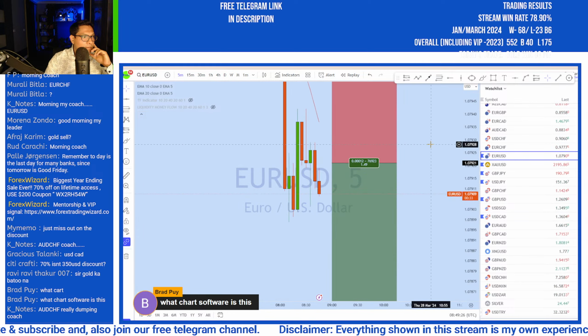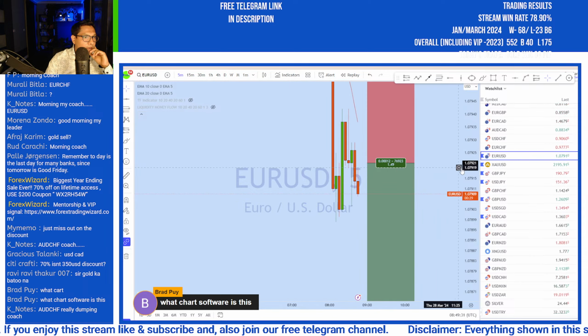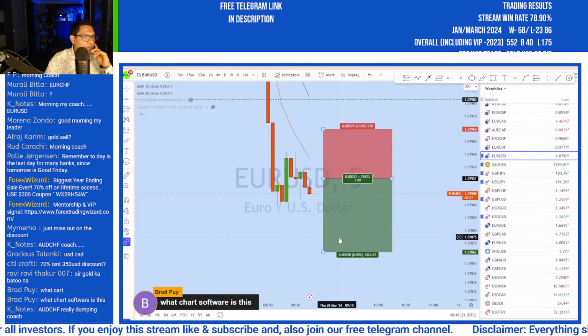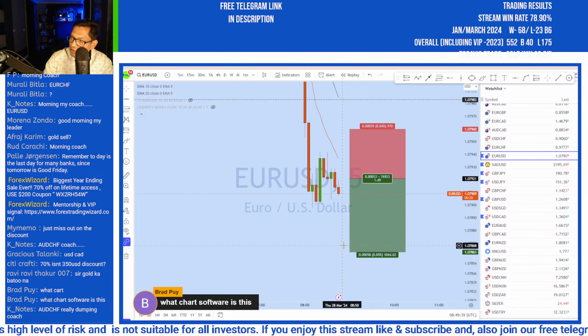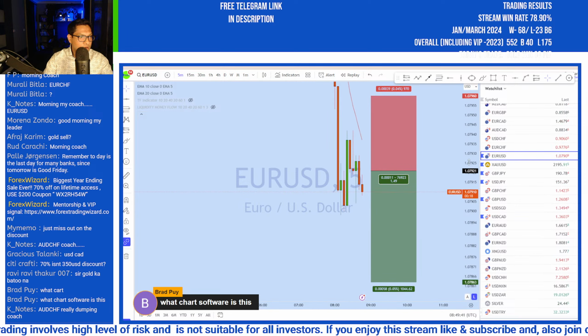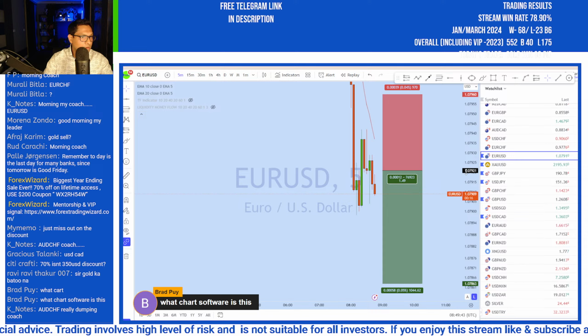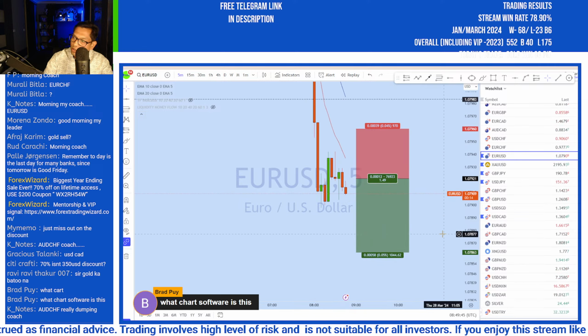Come on, we need to see that rejection, and closing as a red candle is very important to see that the next one is melting in the direction, and then we can take some profit here. To secure some profit is very important.